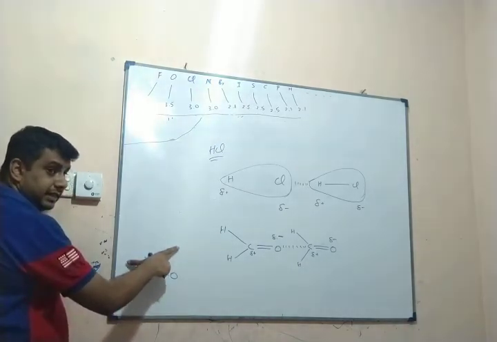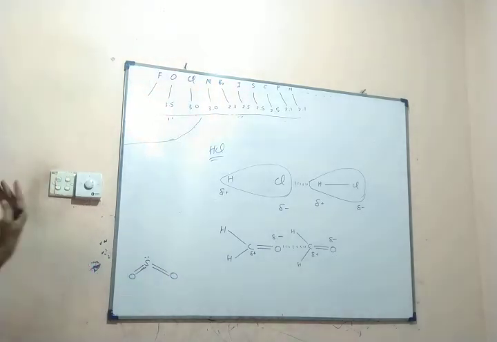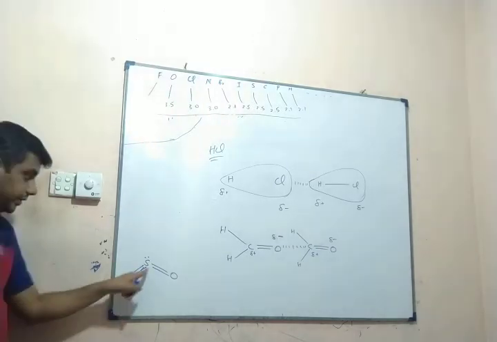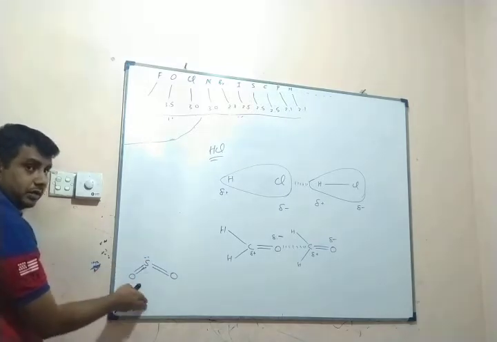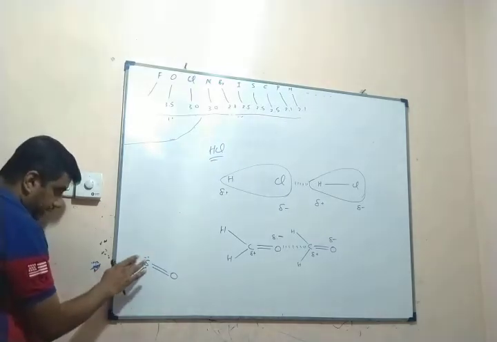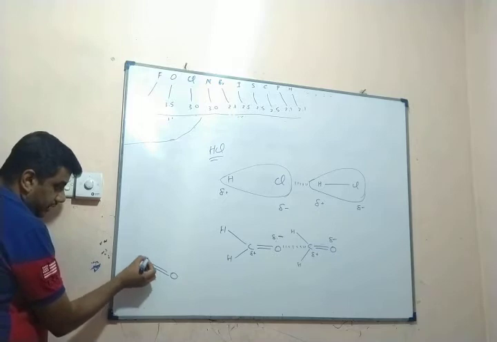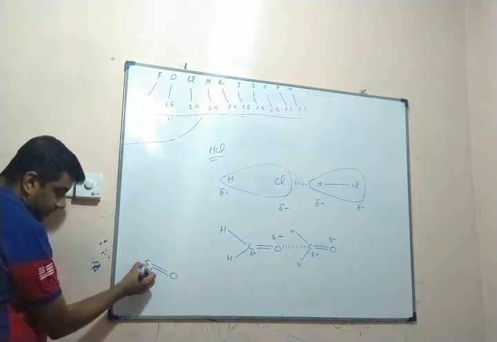If it were linear, then you could think of it as a permanent dipole, but no. The molecule is angular, so the resultant dipole moment points downward. Let's put the lone pair downward.